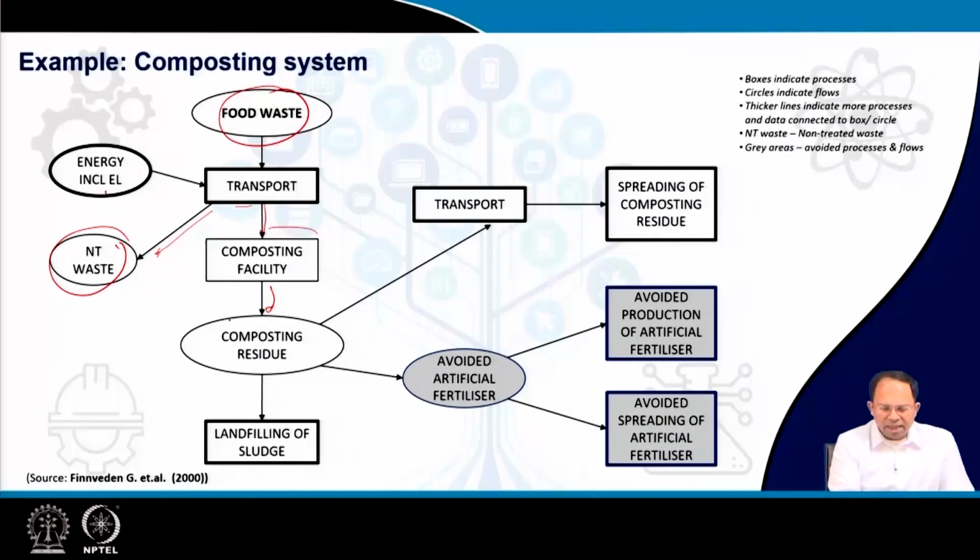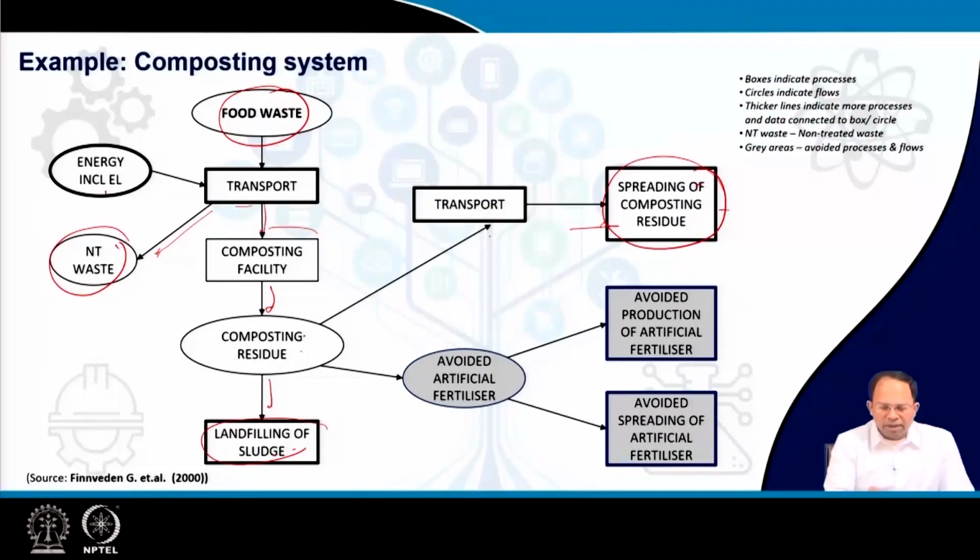Then it generates some amount of residue, some amount of sludge and other waste material which goes into the landfill, right? So it has to be transported. Similarly, the rest is transported and used as fertilizer in the fields, right? Spreading of the composting residue.